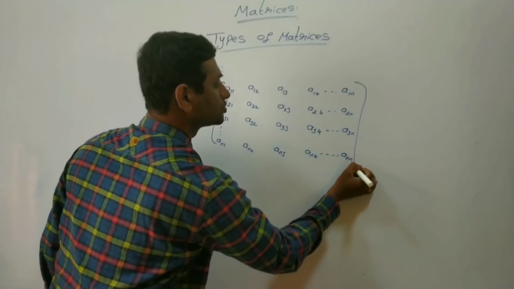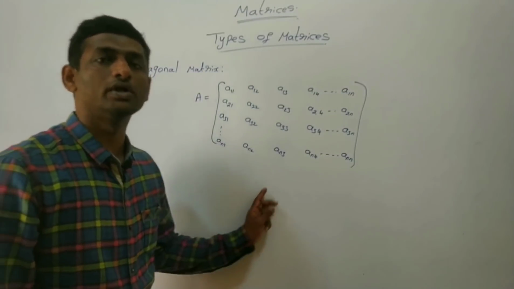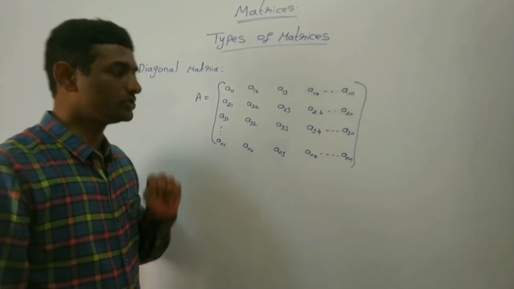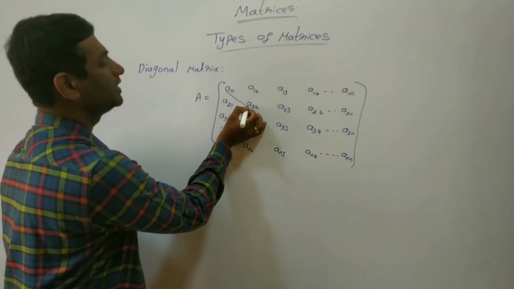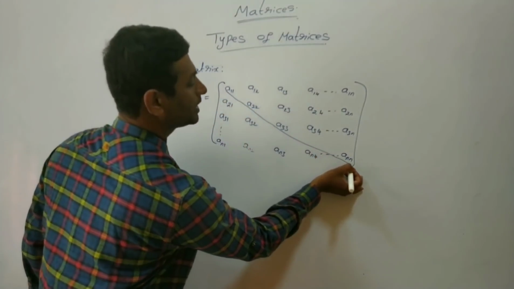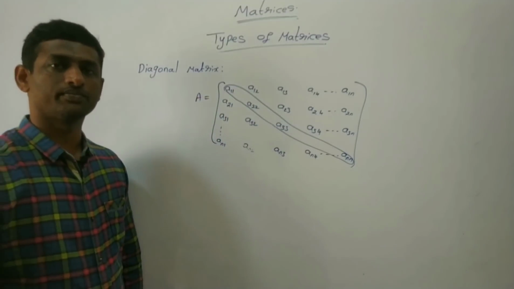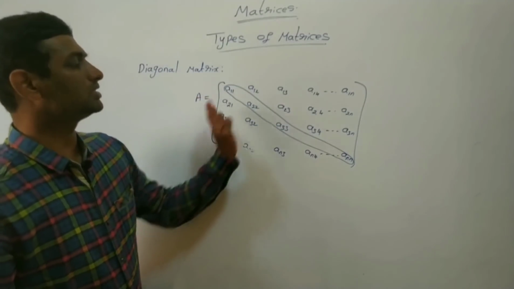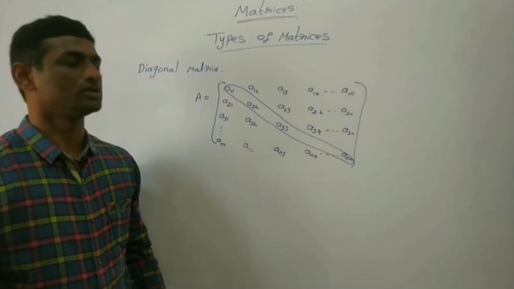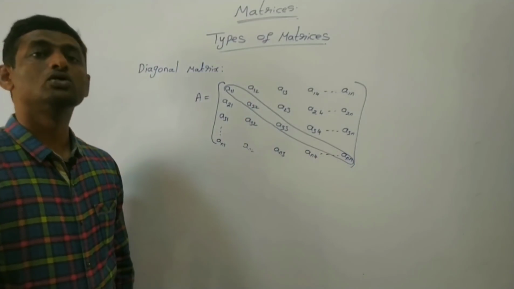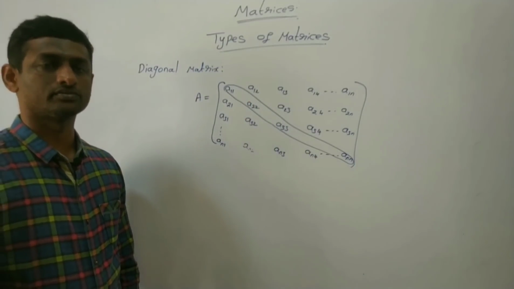It is a square matrix of order n, in which A11, A22, A33, Ann are called diagonal elements, whereas all elements other than these are non-diagonal elements.